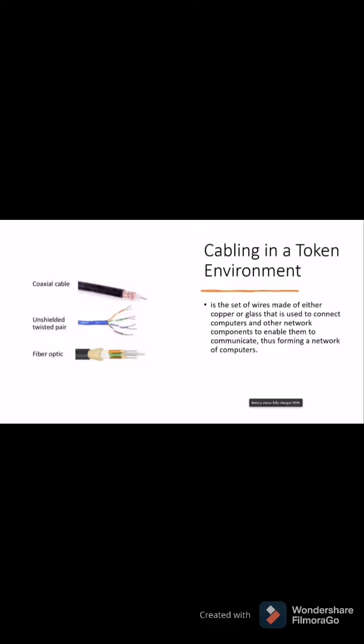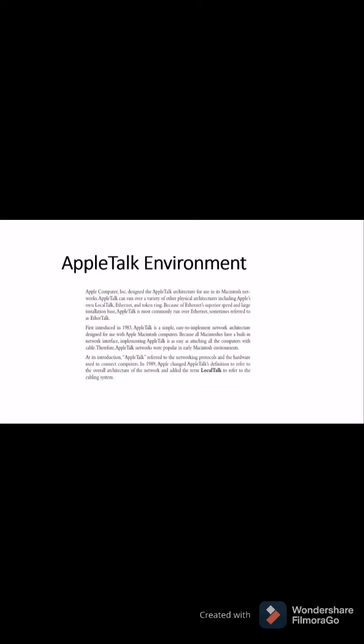that is used to connect computers and other network components to enable them to communicate, thus forming a network of computers. So, the AppleTalk environment. Apple Computer Incorporated designed the AppleTalk architecture for use in its Macintosh network. AppleTalk can run over a variety of other physical architectures, including Apple's own LocalTalk, Ethernet, and Token Ring.